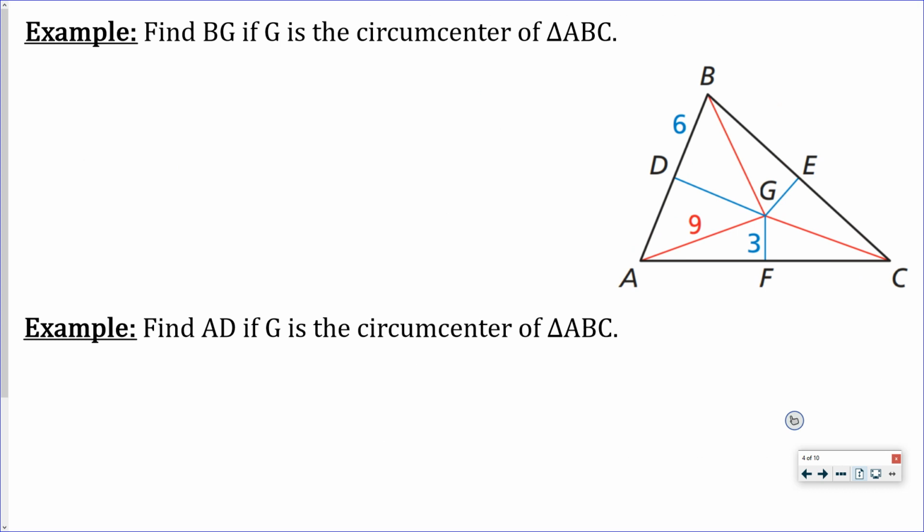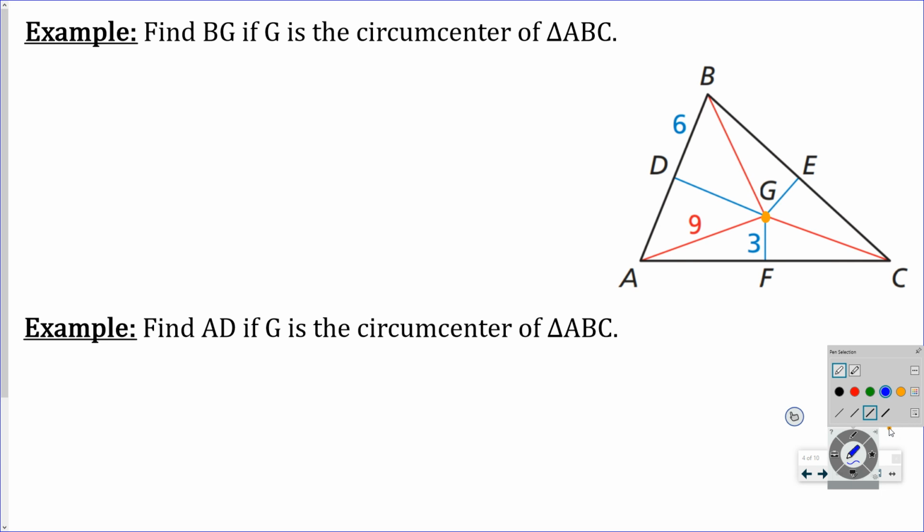Starting with this one. This one says, find BG, which means the length of segment BG, if G is the circumcenter of triangle ABC. Okay, so they're telling me that this point G is a circumcenter.